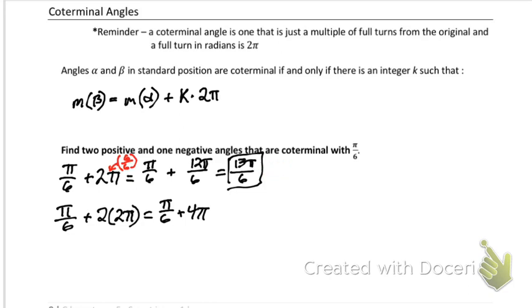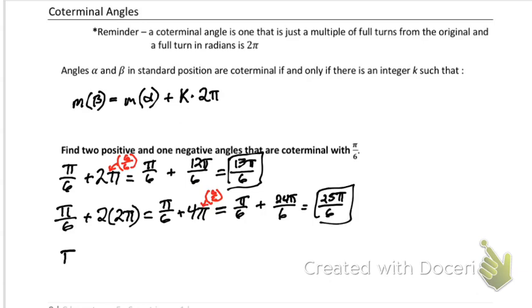So once again, I need to have a common denominator in order to add them. So I'm looking for 6 to be a common denominator, so I'm going to take 6 over 6 and multiply it by that. That will give me pi over 6 plus 6 times 4 is going to be 24 pi over 6, which is going to equal 25 pi over 6.